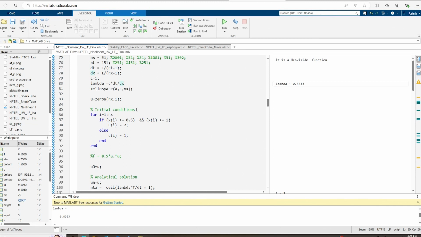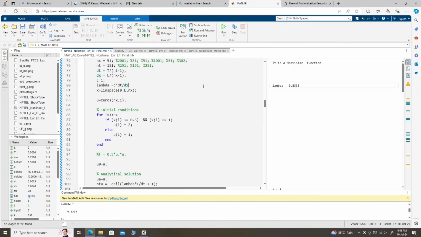Remember, this is now a nonlinear problem. So, for a given CFL, your delta t is not constant, it is changing. If you use the same delta t as you calculated earlier, it might blow up, because u plus c may become very high. So, just run it.